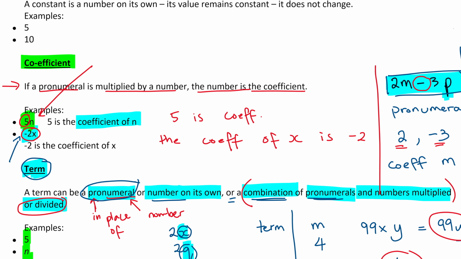If I'm asking you what's the coefficient of m in this example, let me put my arrow there so you know what I'm referring to, what I'm asking is what number m is being multiplied by. What's in front of m? It's only one number there, it can't be anything else. So the answer is 2, because m is being multiplied by 2. So if I ask you what's the coefficient of p, what would that be?